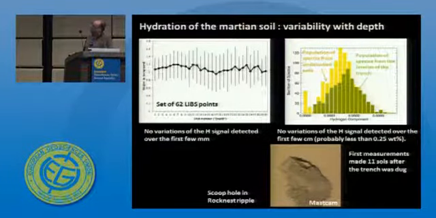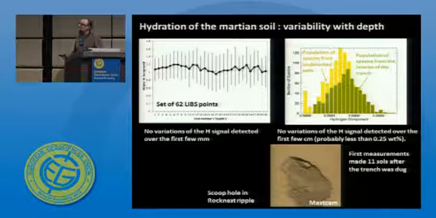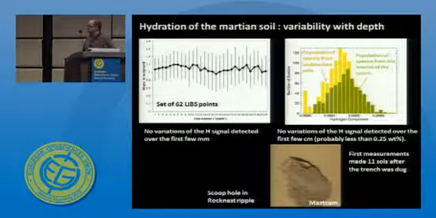So the question now is, does this hydration vary with time and with depth? And Susan has already answered that question. In depth, on this trench, we had data on the surface and into the trench at various spots, and we don't see any variations.